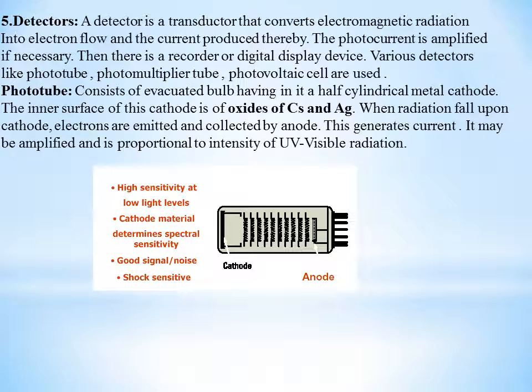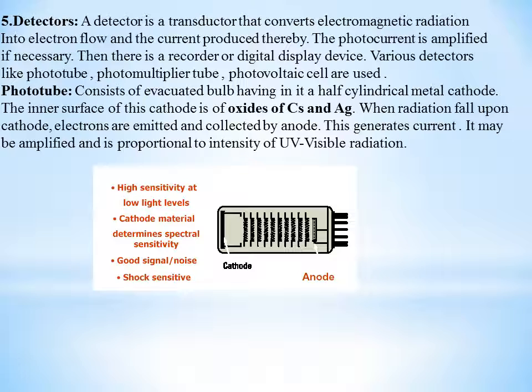Then if necessary it can be amplified through the amplifier, and then there is a recorder or a digital display device. Now we will see one of these detectors, that is the phototube.